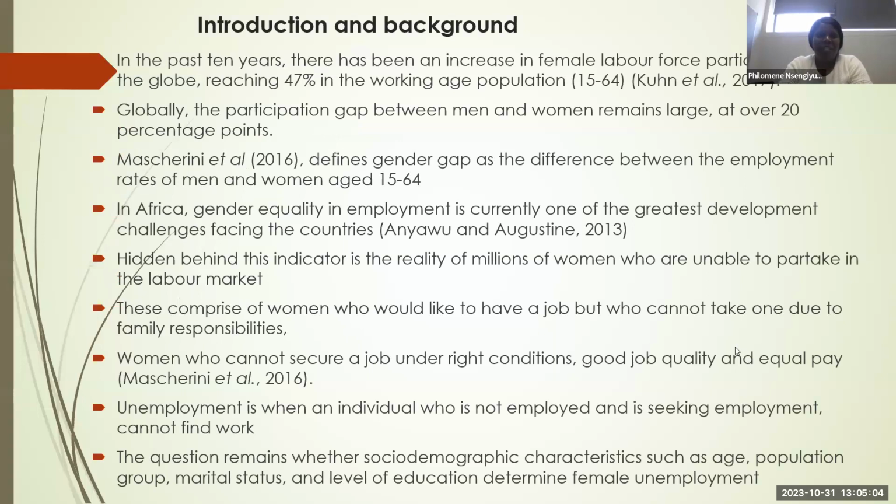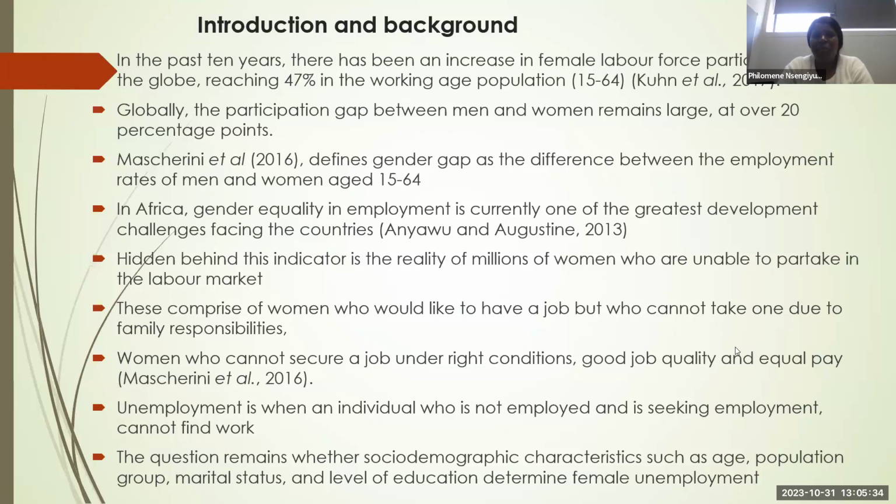In my introduction, I would like to highlight that in the past 10 years, there has been an increase in female labor force participation across the globe, reaching 47% among the working age population. The working age population ranges between 15 and 64. This is called the economically active population.